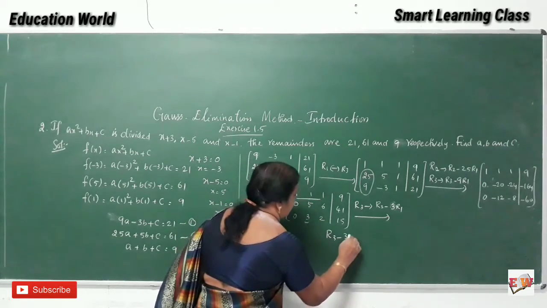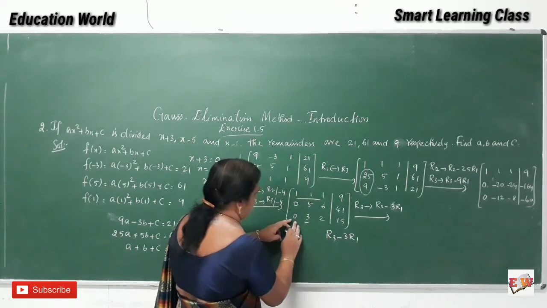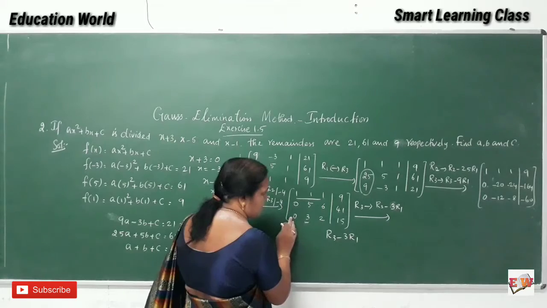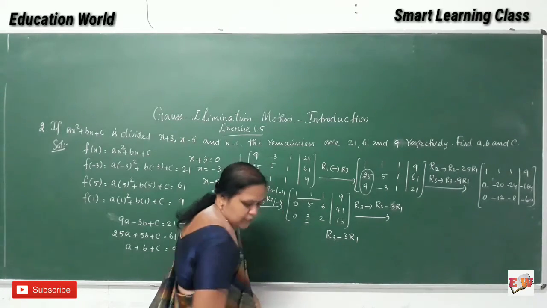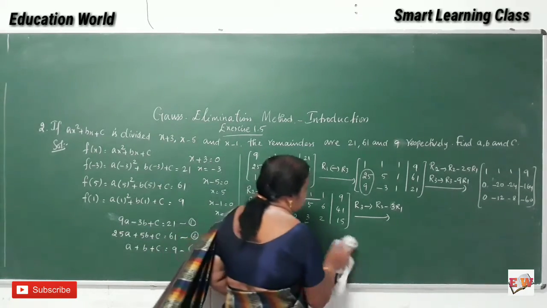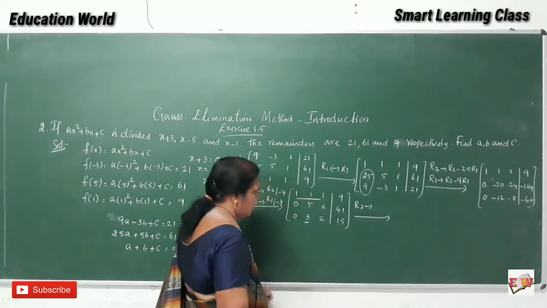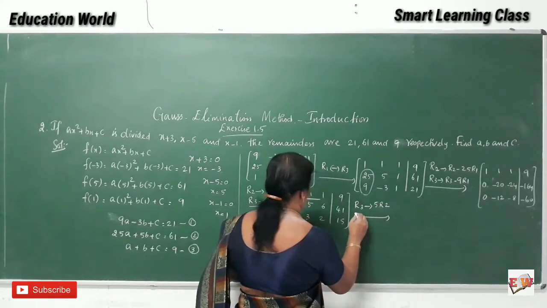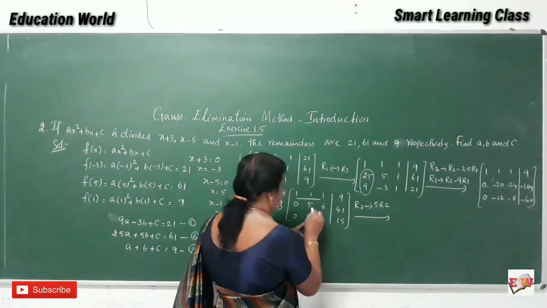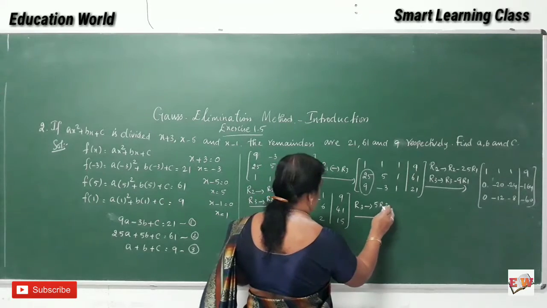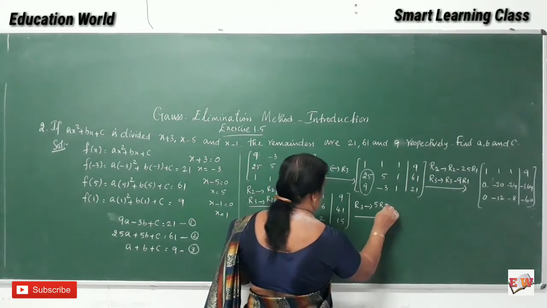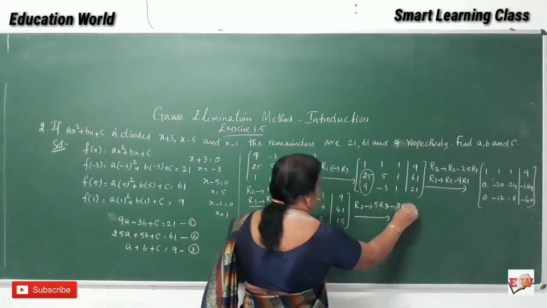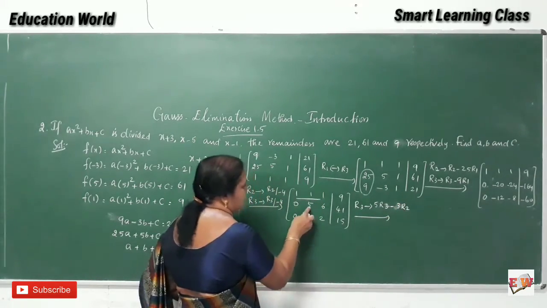See here, 0 it is coming. If you do that, 0 minus 3 will come, so we can't do this. For that, 5 into R3 minus 3 into R2.